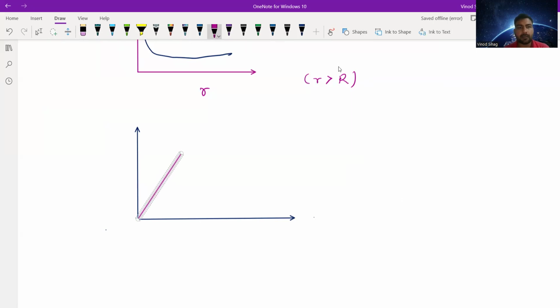And after that, this type of graph we will see. This point will be where r reaches the value equivalent to capital R, where r is equal to R.